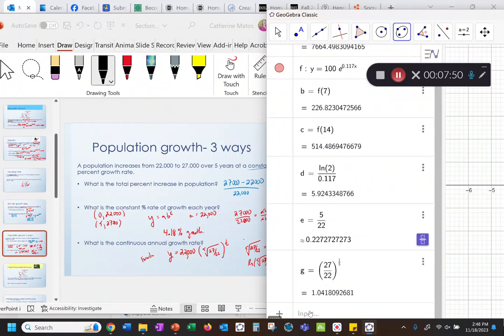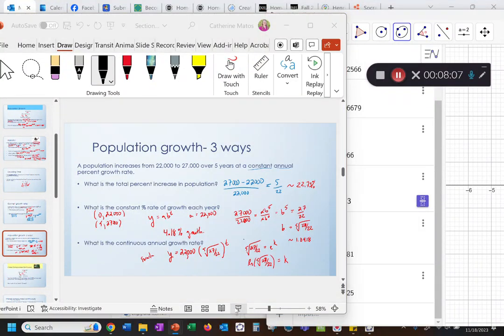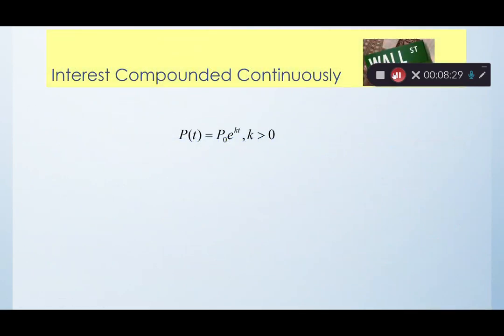So we are going to take the natural log of 27 over 22 to the 1/5 power, which GeoGebra called g. So we are looking at 0.04096, so about 4.096%. The continuous growth rate is always a little bit less than the constant growth rate. So there we go. And we're going to stop there and go to the next video.